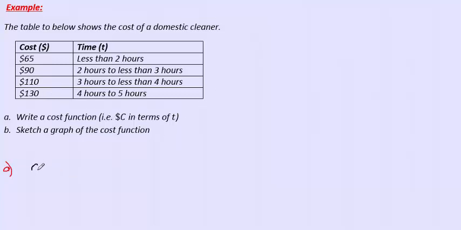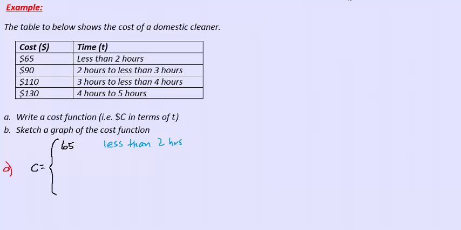So we'll start here and we're going to write that the cost will be, and this is where we get our little curly bracket working. So first of all, our cost, when it's less than 2 hours, it's $65. So I'm going to write $65 there. Then in blue, I'm going to write here less than 2 hours.